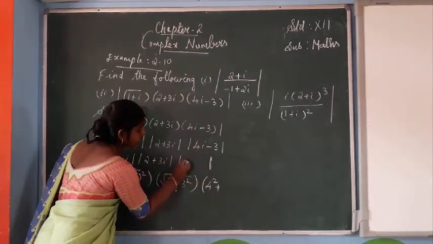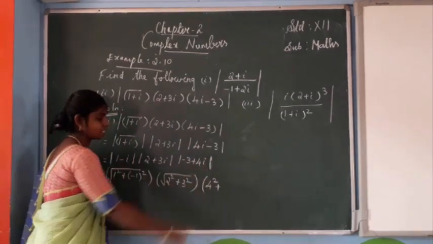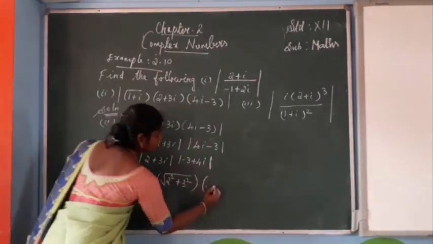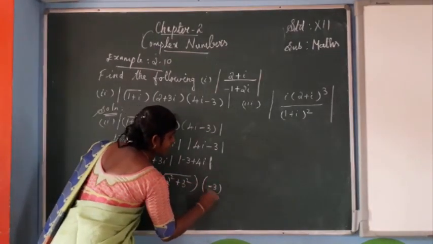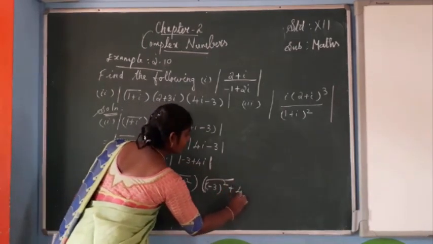So the real part is minus 3 and the imaginary part is plus 4, right? So minus 3 the whole square plus 4 square.